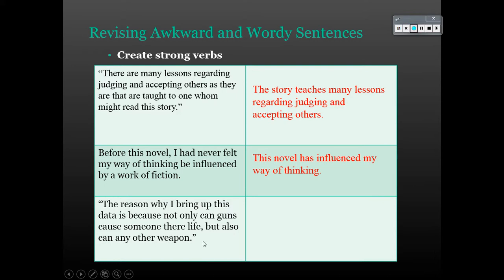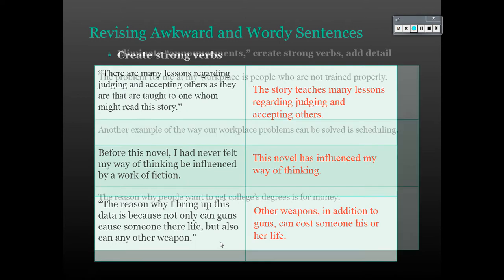So clearly, guns and other weapons can be combined or treated together. We do not need "the reason why." That's a filler. Okay? And we've got some just basic errors there. "Other weapons, in addition to guns, can cost someone his or her life." All right? That's a very succinct, to-the-point way to do that.